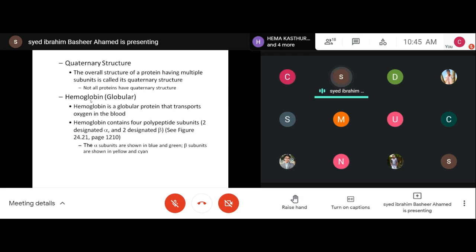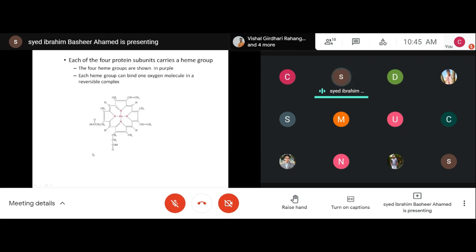These polypeptide chains are designated as alpha and beta chains: alpha 1 and alpha 2, and beta 1 and beta 2. Each polypeptide again has a heme group, so there are four heme groups. One hemoglobin molecule can carry four oxygen molecules.